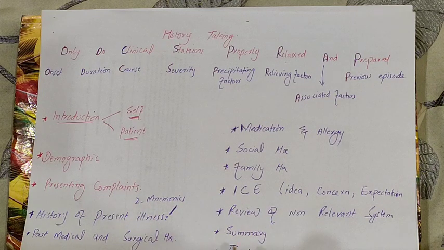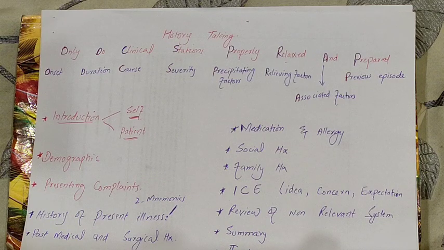You will definitely summarize each and everything to the patient. After that, you can tell him that my provisional differential diagnosis could be thyroid or things like that. After that, you will thank the patient. So this was a brief about the history taking of all the history except pain.